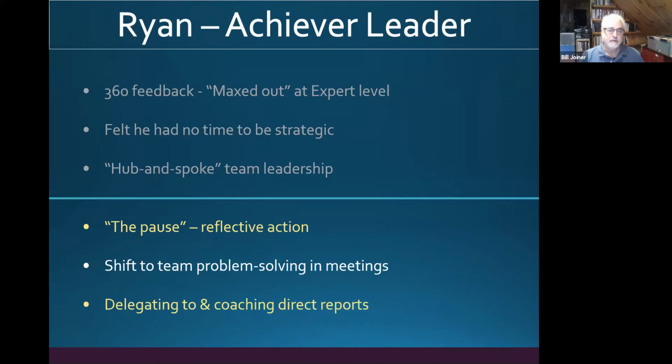And they had done enough team problem solving with him that they could now do this on their own. So, big shift in the way he led his team and the way he distributed his time to become more strategic. And he was also doing more delegation and coaching of his direct reports.